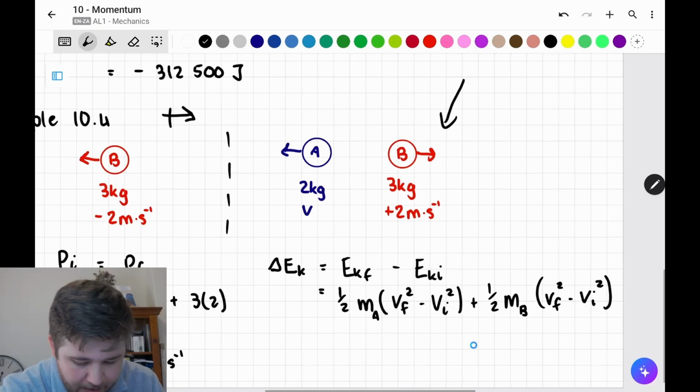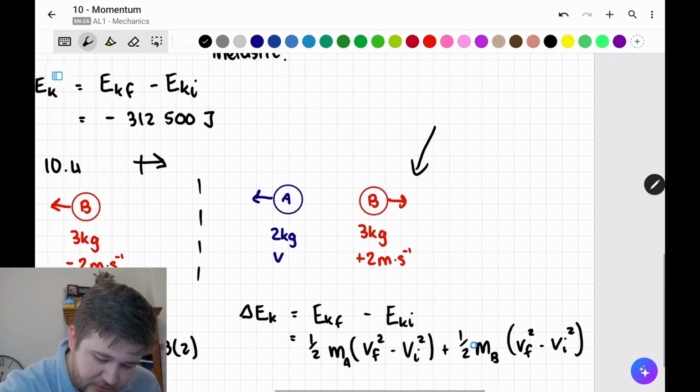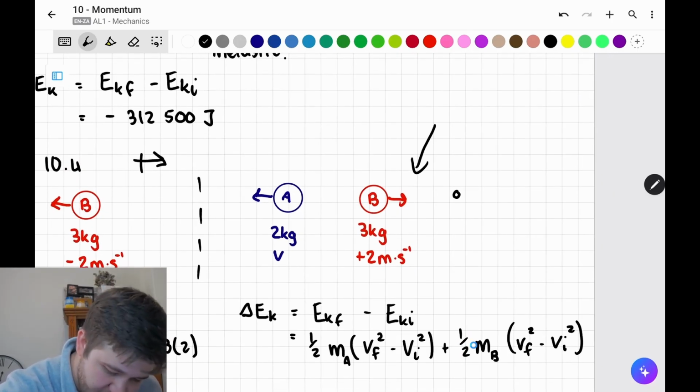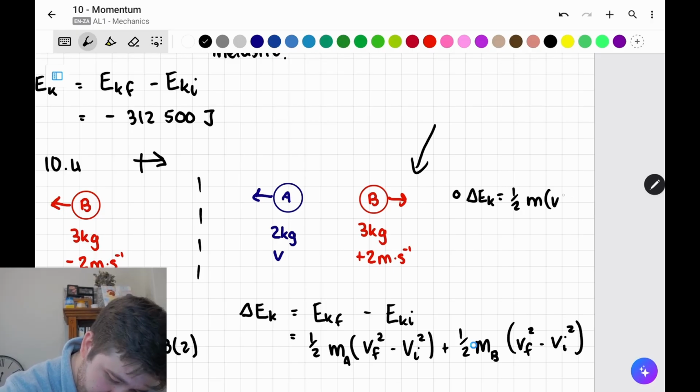So all I've done now is I've used this equation. If you haven't seen me use it before, delta EK is just going to be half of M and then V final minus V initial squared. That square should be inside.